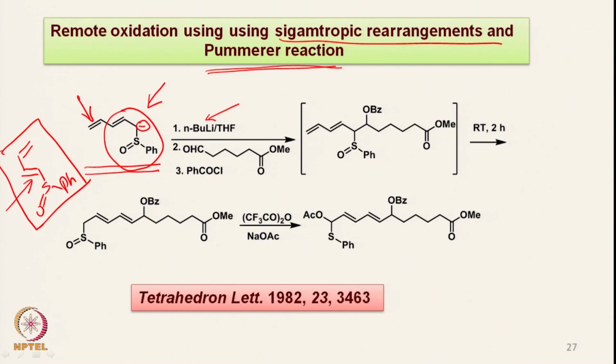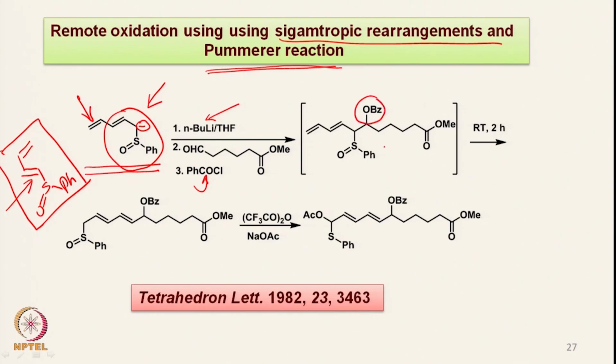So it is like an aldol kind of reaction, and when this anion here reacts with the aldehyde and the generated OH is further reacted with phenyl COCl, benzoyl chloride, then what you generate is a benzoate here.